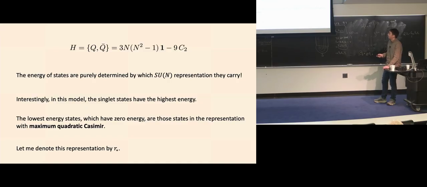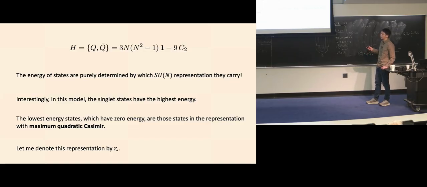Now, interestingly, one funny feature of this model is that the singlet states actually have the highest energy. For them, the quadratic Casimir vanishes, and the energy is the highest. The lowest energy states of this model, which in fact have zero energy, as you will see after we discuss a little bit more, are those states that transform in the representation with maximal quadratic Casimir.